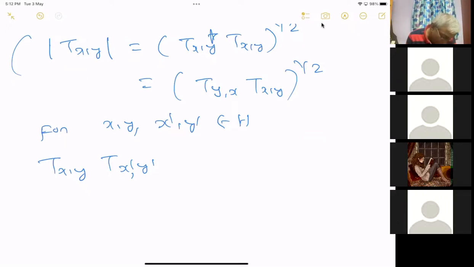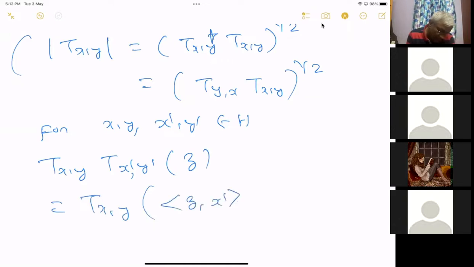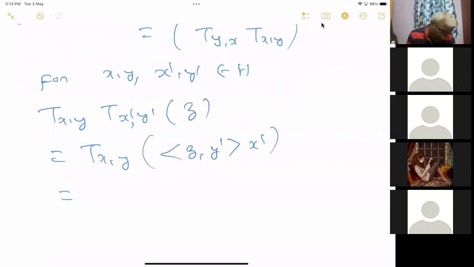So let's act it on a z. That is equal to T_{xy} acting on the inner product of z and y prime times x prime.